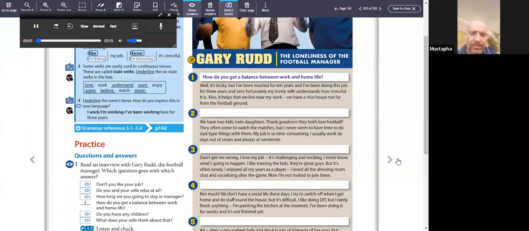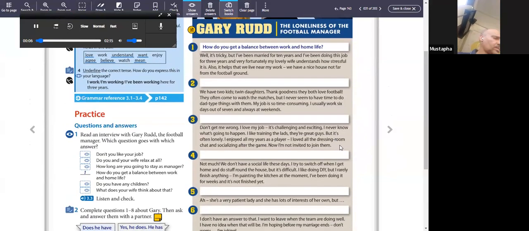3.3 The Loneliness of the Football Manager. An interview with Gary Rhodes. How do you get a balance between work and home life? Well, it's tricky, but I've been married for 10 years and I've been doing this job for 3 years. And very fortunately, my lovely wife understands how stressful it is. Also, it helps that we live near my work.